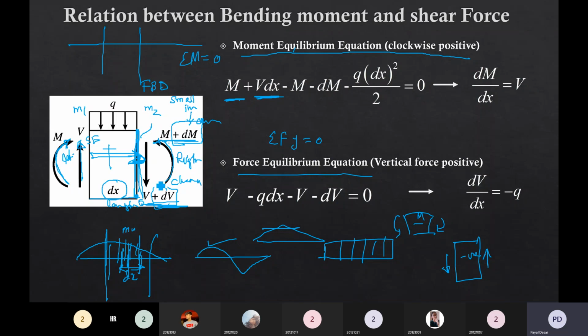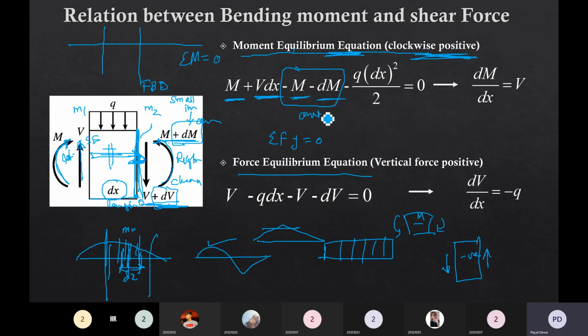Okay, then even at this point there is a moment, so it is anti-clockwise, so minus M minus dM, because when we write the equilibrium equation we have to follow one sign convention, but when we take left and right sections, this is positive, the whole sign convention is positive. When you are taking a section, at that time your sign convention may be different. In this case though it is anti-clockwise it is a positive moment, okay, but when you are writing the equilibrium equation you have to follow one consistent sign convention, that is clockwise positive, and that is the reason we have written the anti-clockwise moment as negative here, that is minus M minus dM.